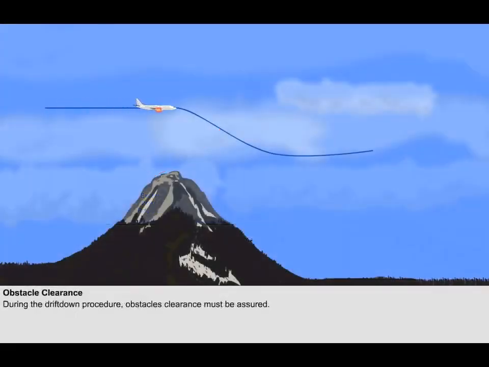One of the crucial points about the drift-down procedure is the clearance of obstacles. Because the aeroplane is forced to descend, terrain, like mountains, may present a flight hazard. When assessing the terrain hazard, a safety margin must be introduced.